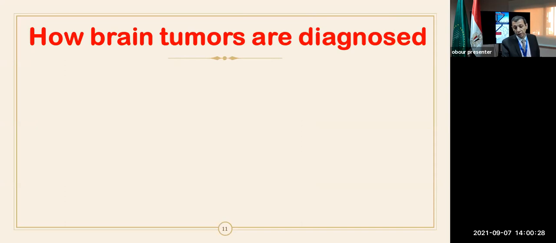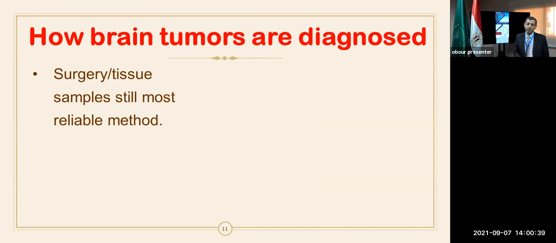If you want to detect tumor disease, there are some approaches. The common and most used is surgery tissue sample. We take some samples of the brain tumor and diagnose this tissue, but it is very harmful for humans.